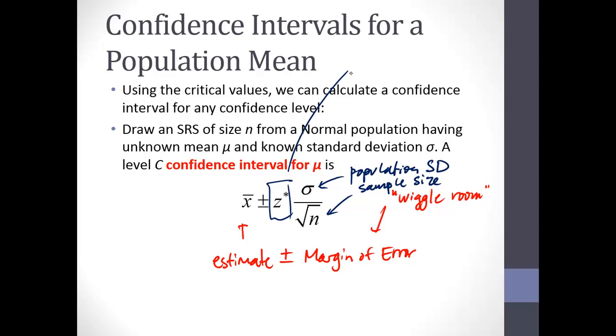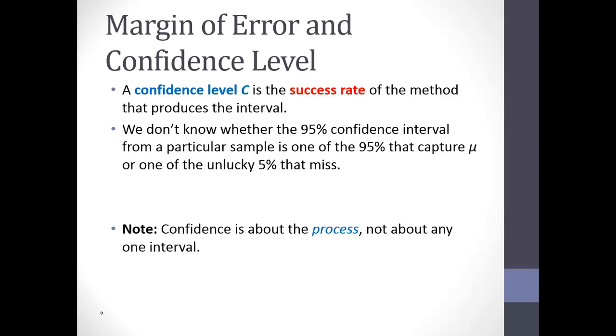This is our critical value, and whatever that is, that will tell us how much confidence we can have in this estimate. So that's the formula, and we'll hit on this a little bit more.